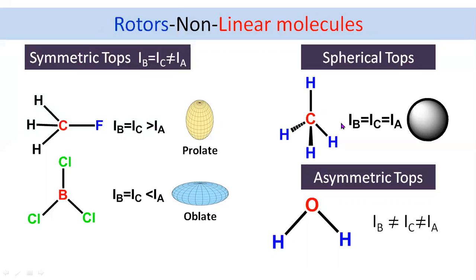In a spherical top, all are the same, so only one is good enough to explain your spectroscopic property. And then you have the asymmetric top, where you have three different directions, all different, so you need three different moments of inertia. Okay, this is about the classification of molecules based on how many types of moment of inertia they have.